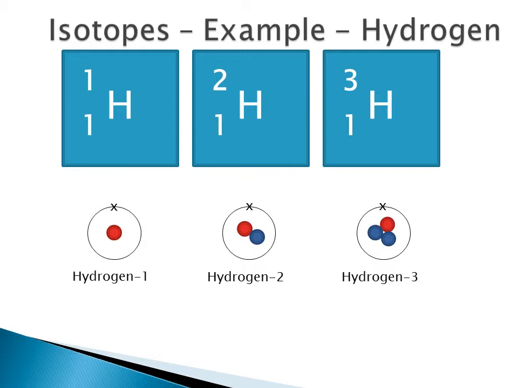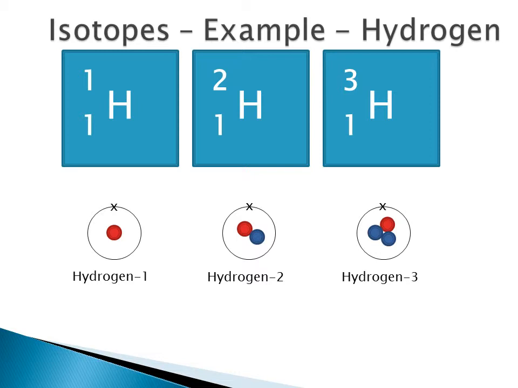Okay, so if we work out what's in here, we have a proton number of 1, so there's the proton. However, we have a mass number of 2, which means we must have 1 neutron to give us that extra mass. So a hydrogen 2 atom is slightly heavier than a hydrogen 1. Well, it's twice as heavy in fact. The electrons are exactly the same, which means hydrogen 2 reacts in the same way as hydrogen 1, it's just slightly heavier.